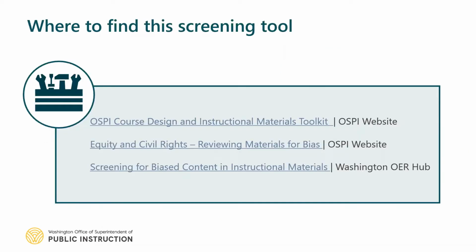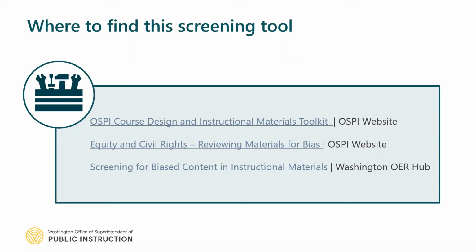So you have a copy of the screening tool now, or you should, and if not, type it in the chat and one of my colleagues can post the link on where to get that. But after the webinar, if you are looking for where to find this tool or where on the OSPI website it could be located, I've created links to 3 different places where you'll definitely find this resource. First of all, the resource is part of OSPI's Instructional Materials Toolkit.